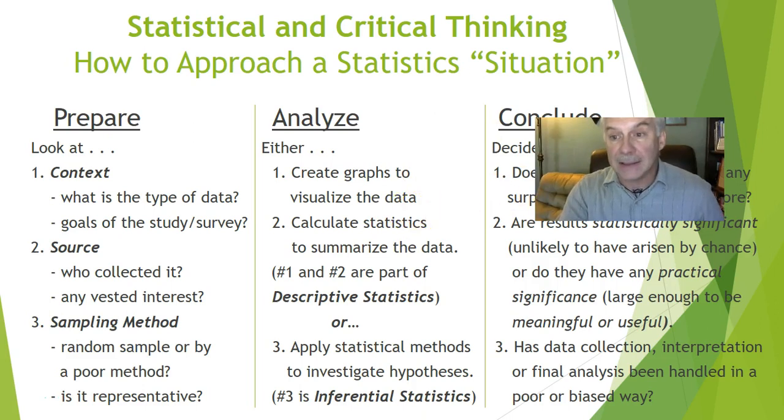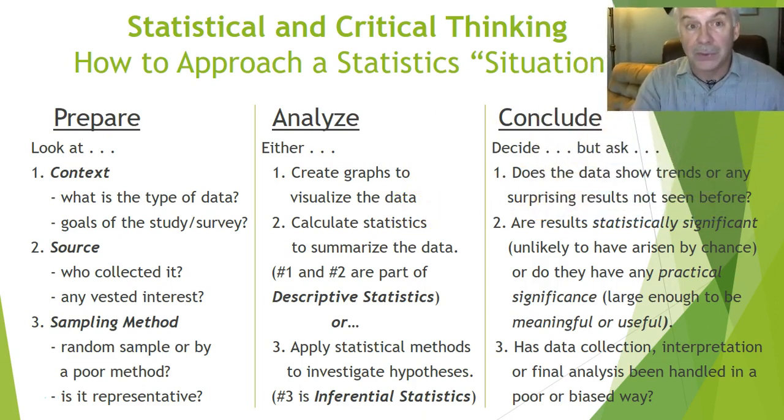Now, in statistics, we use what was called statistical and critical thinking. This is a very key part of this class. How do you think critically and carefully about your whole process?